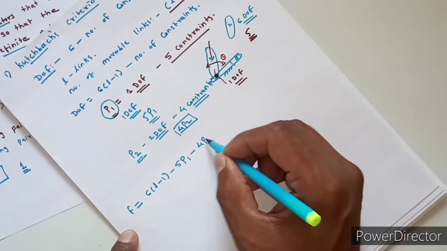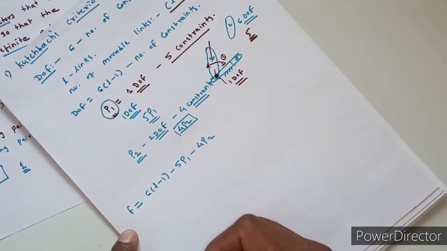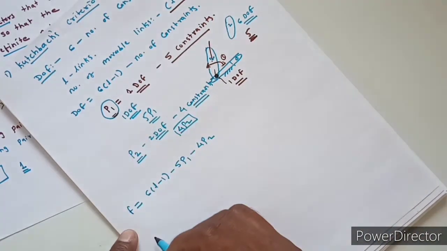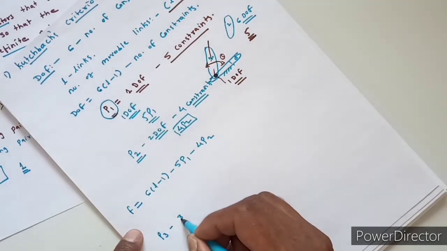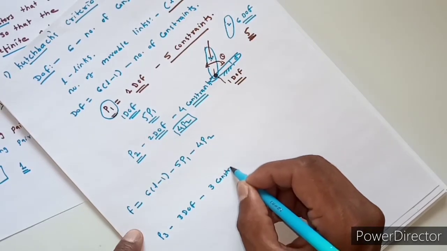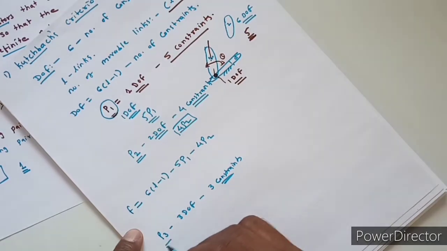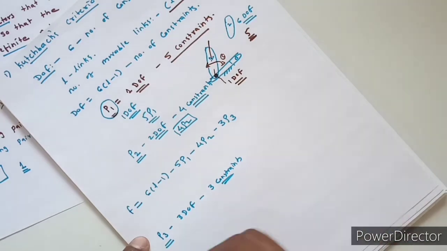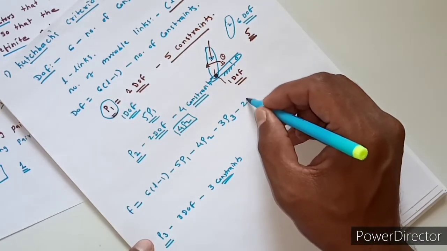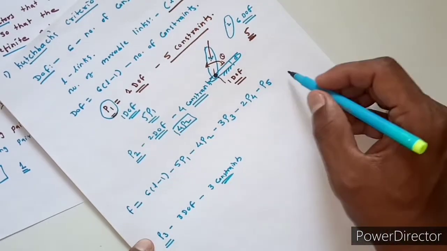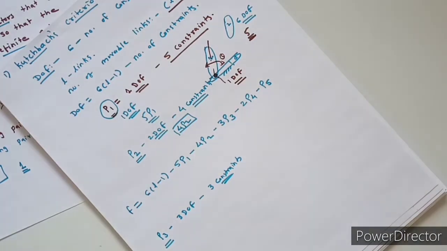So minus 4P2. Now if we add P3 number of pairs having 3 degrees of freedom in a mechanism, each pair will impose 3 constraints. So total constraints imposed by P3 number of pairs are 3P3. Similarly, minus 2P4 minus P5. We cannot move beyond this because a mechanism cannot have 0 degrees of freedom.